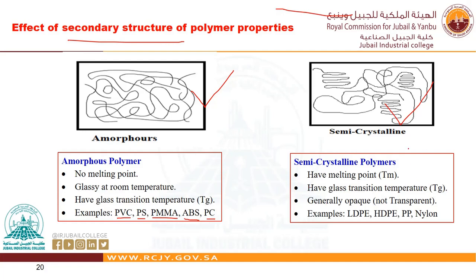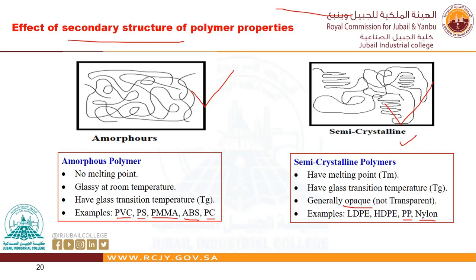And here we have semi-crystalline. Most polymers are semi-crystalline: polyethylene, polypropylene, high density, low density. Cross-link polyethylene is a thermoset, sorry. And here we have polypropylene, and then we have nylon. In general, these polymers are not transparent.